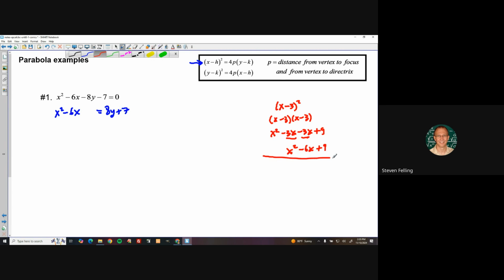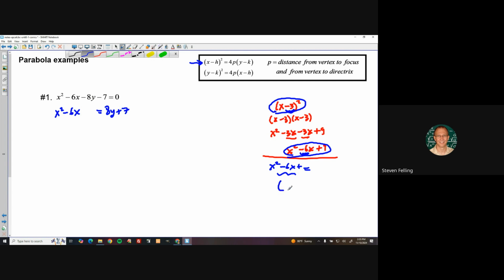So let's say that you had just a portion of that. Let's say you just had x squared minus 6x, and you wanted to complete the square like we have over here. I know that there's something here that I have to add to make this what we call a perfect trinomial in the form that will match this. And if you notice, the value that's in the middle here, this minus 3, is just this minus 6 cut in half.